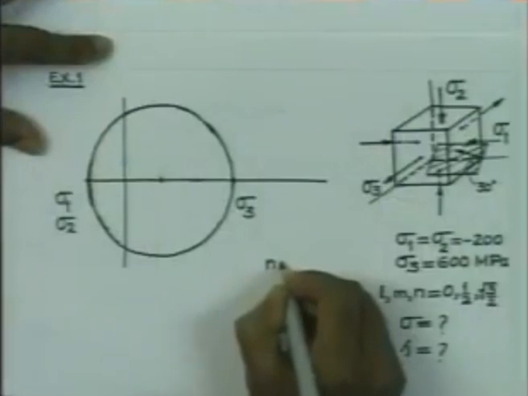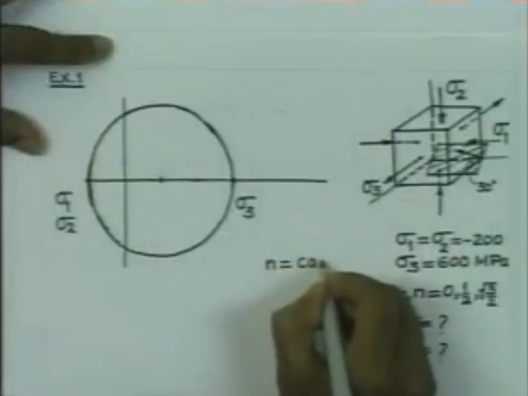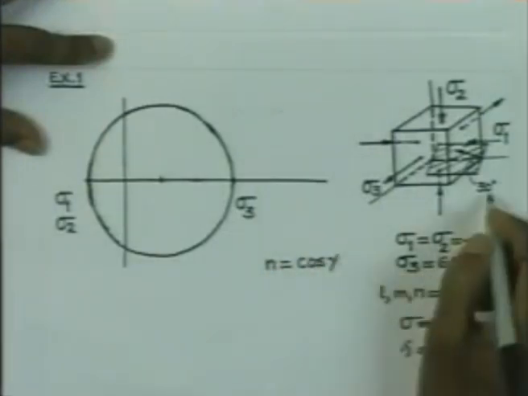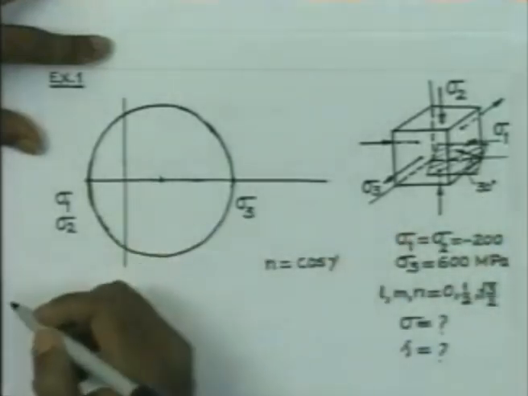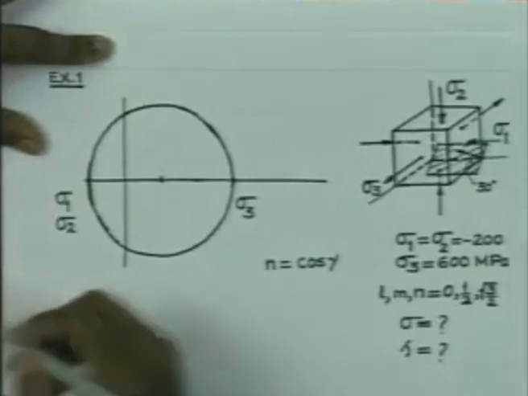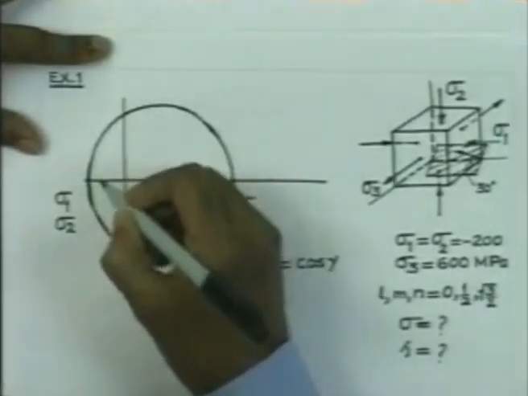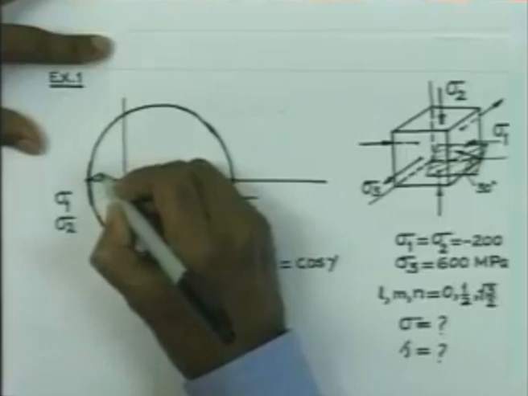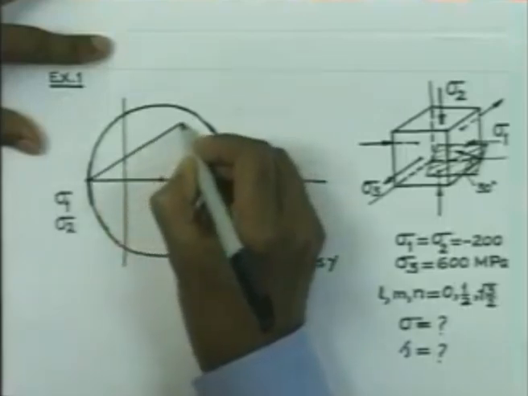Now, in this case n equals cosine gamma, and if we draw a line at 30 degrees from sigma 1 and sigma 2 facing sigma 3, this is the line.